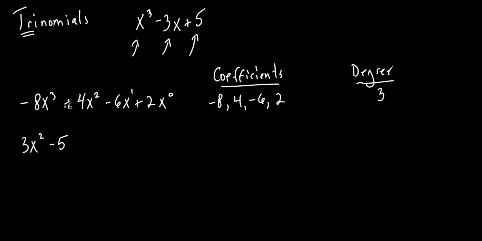Do you see how they went in order from the largest degree down to the smallest? That's called descending order. It means it goes from the highest degree down to the lowest degree. And it fits everything in between, right? There's 3, 2, 1, 0. What about this one? I got 3x squared.